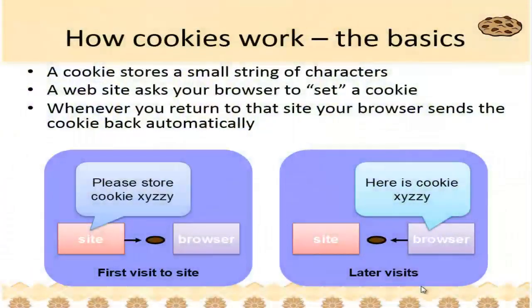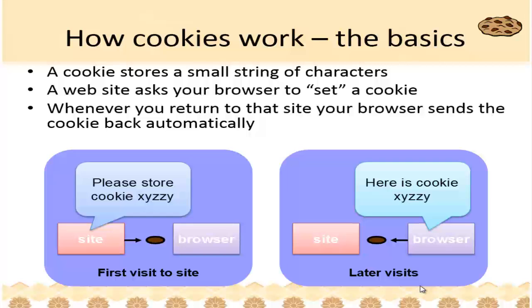Okay, so I know you're familiar with cookies, and a cookie is nothing but a small piece of text that is given by the web server to the client browser to store within the hard disk. And whenever the client browser visits the site back again, it returns that cookie back to the server.